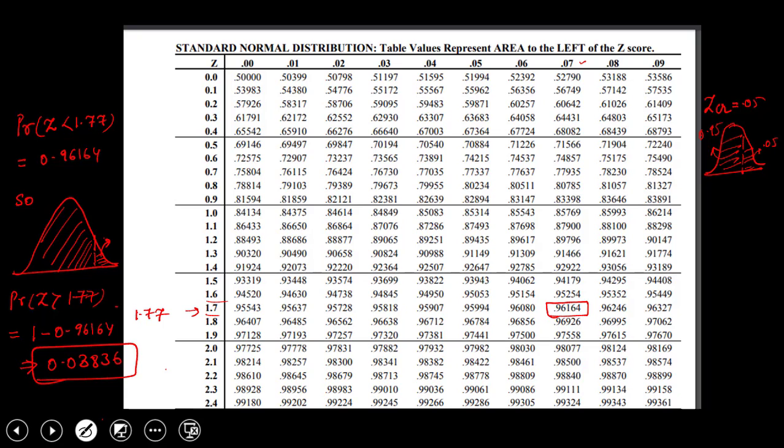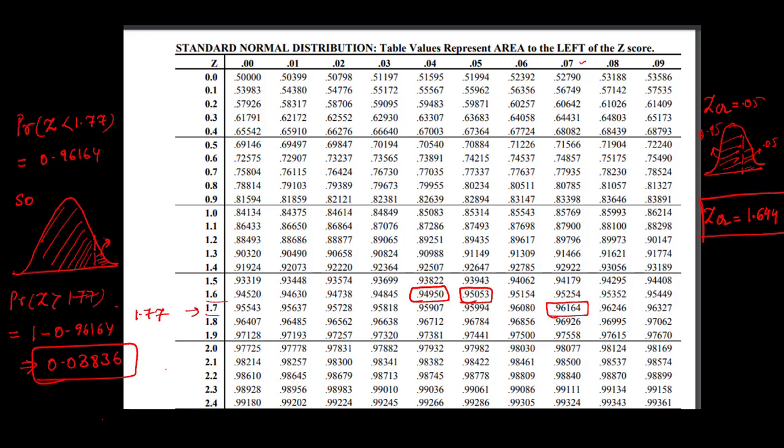So we have to search for 0.95 in the table. 0.95 lies between these two values, so we can approximately take the Z score, that is Z critical, as 1.644.